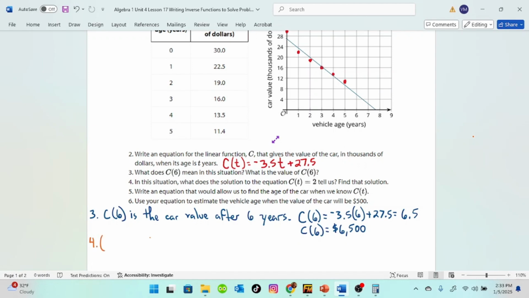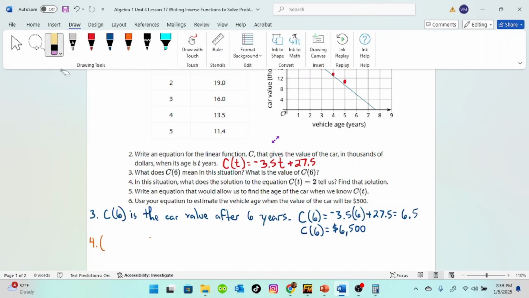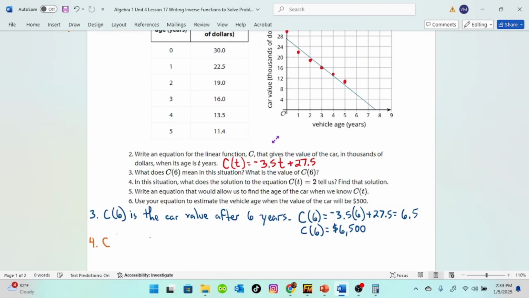So C of t equals 2 will tell us the age at which the car is worth $2,000.